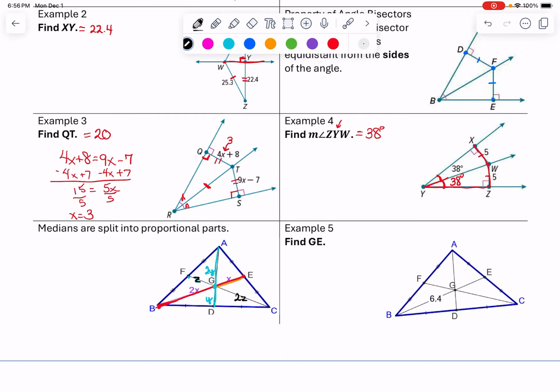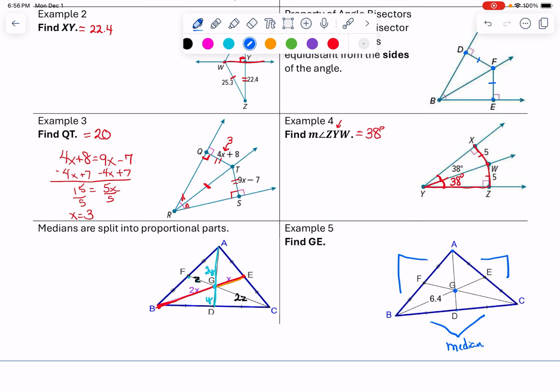So let's find the distance between G and E. I see tick marks. These tick marks mean we're going from a vertex to a midpoint, a median. Also a median, tick marks again. And one more set of tick marks means the 3 medians are meeting at a common point.